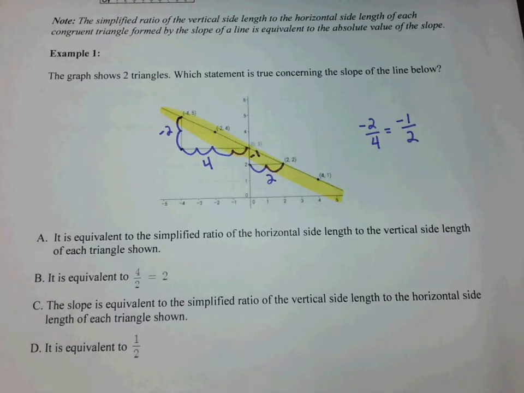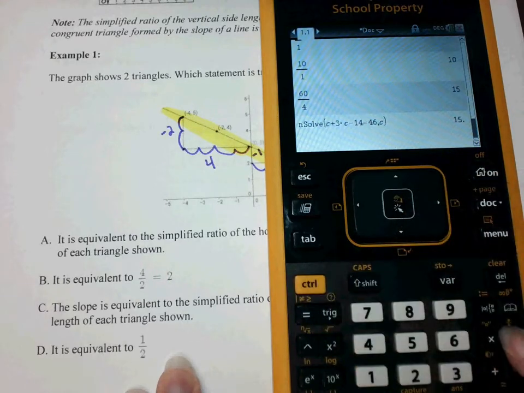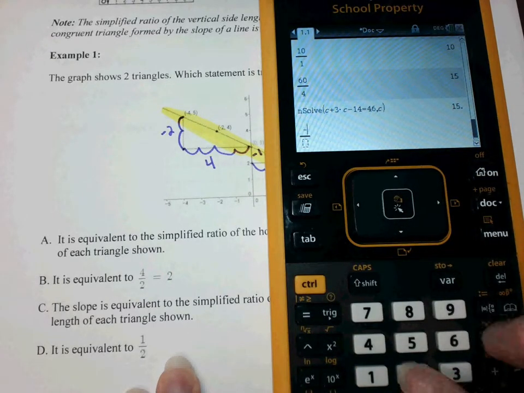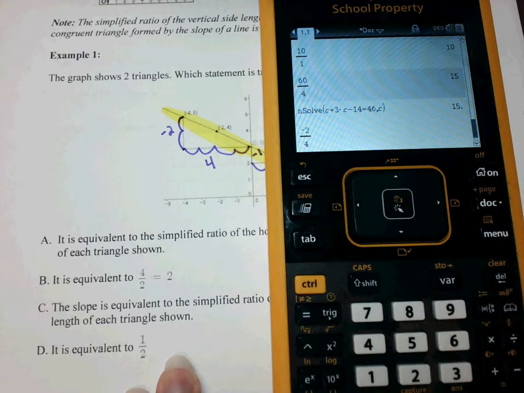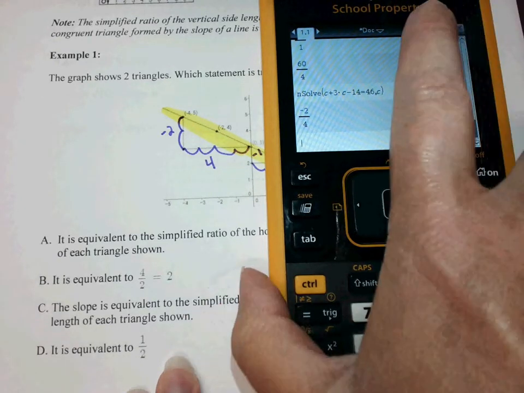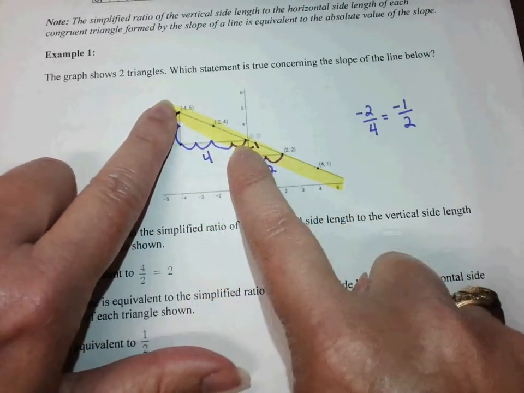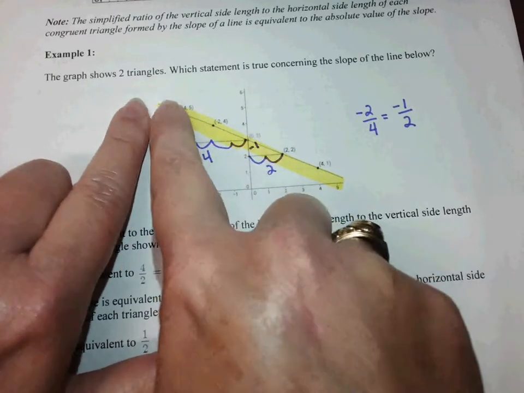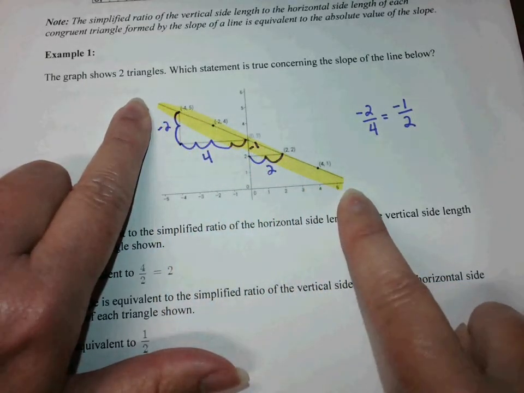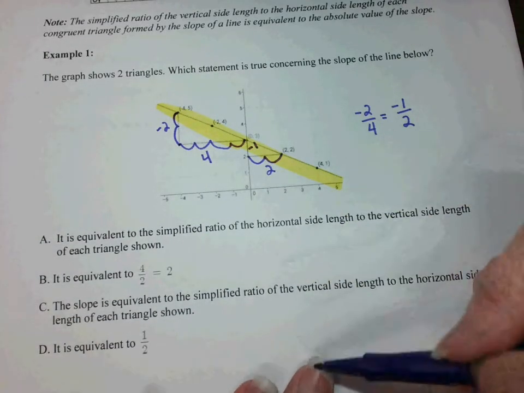Well, if I were to simplify the fraction, I can do it on my calculator. I can do control divide and put negative 2 on top and 4 on bottom and just hit enter, and lo and behold, it will reduce it to negative 1/2. So actually these two triangles, the third side of the triangle, does have the same slope because it's on the same line. Alright?